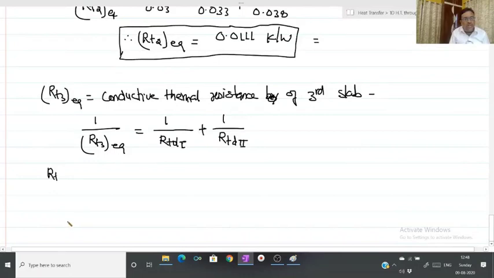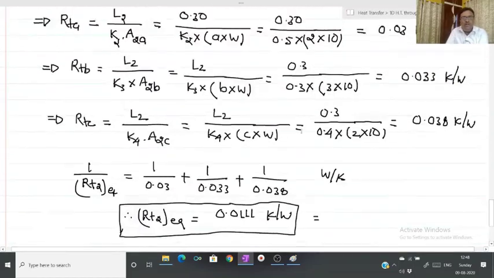So RTD1 is the conductive thermal resistance of the slab having thermal conductivity K5, and its thickness is given by L3. So L3 over K5, and the area normal to heat transfer will be AD1. Now how can I calculate the area of this slab?